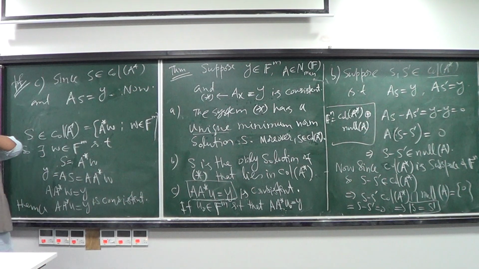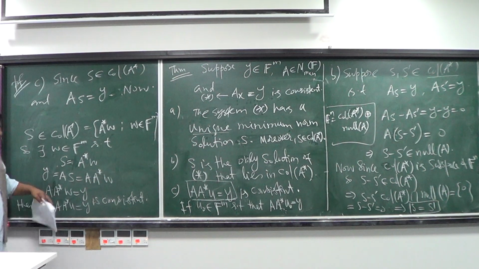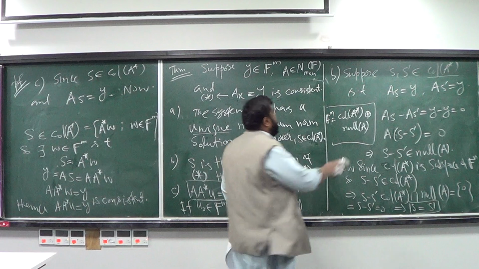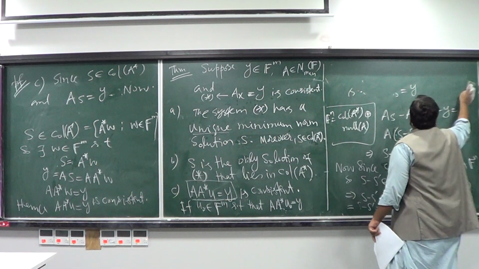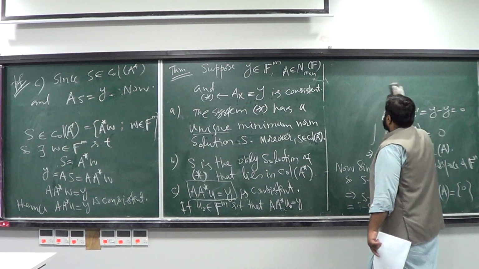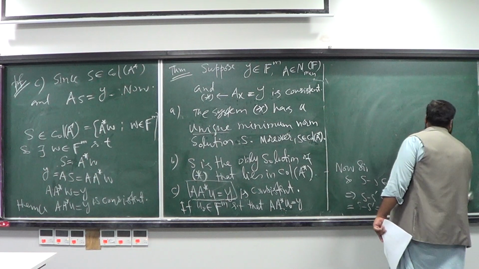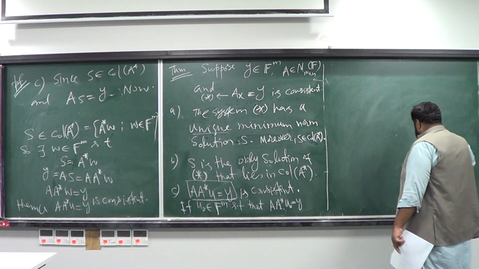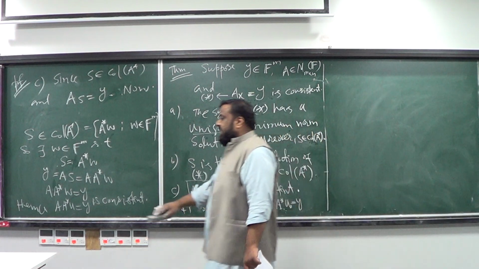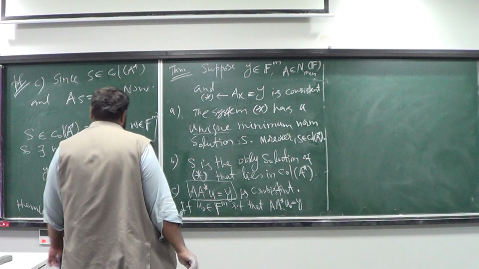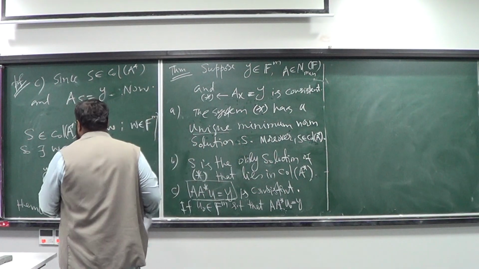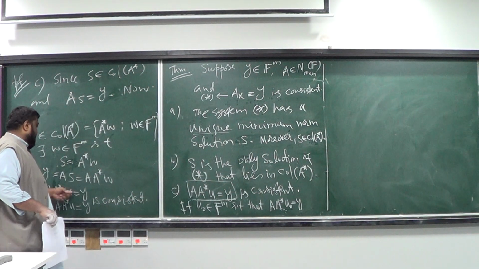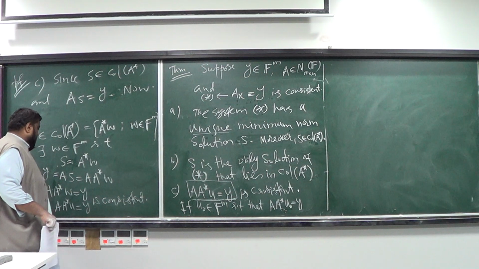It has a solution, and it can have a unique solution or infinitely many solutions as well. So if it is consistent, then there must be some solution of it. For example, W is a solution.